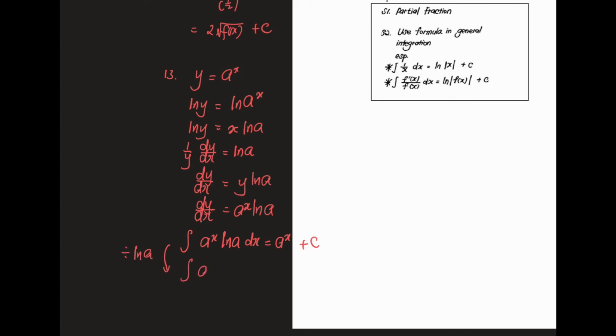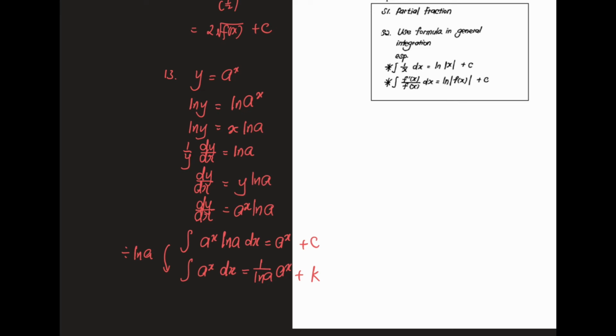Then I will get the integral of a to the power of x dx equal to a to the power of x divided by ln a. Plus c divided by ln a, which is another constant, so I let it equal to k. Okay, so that is how we get the formula.